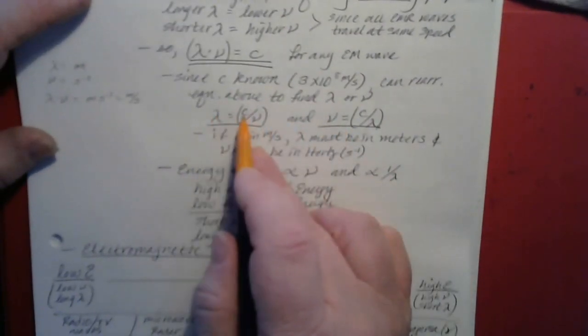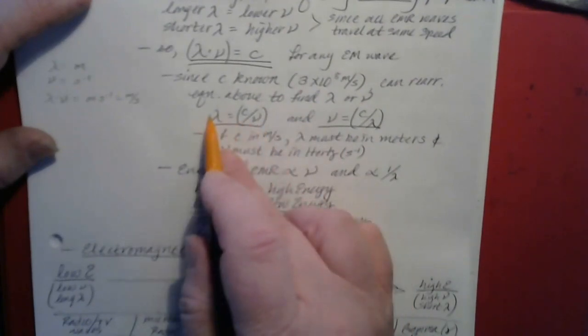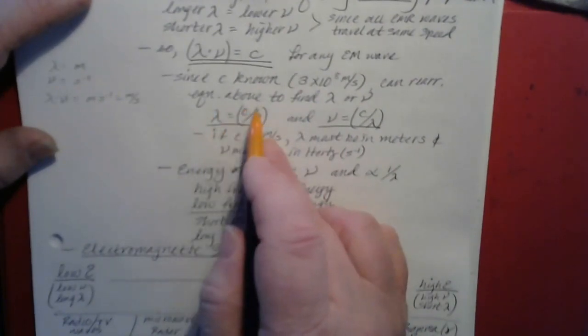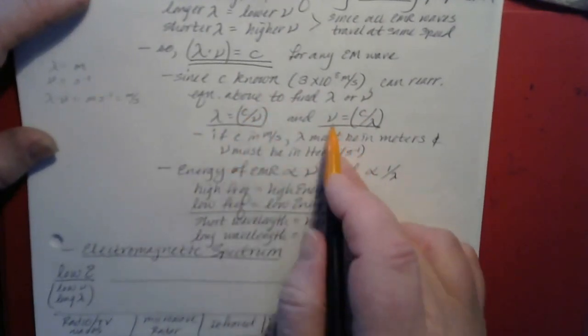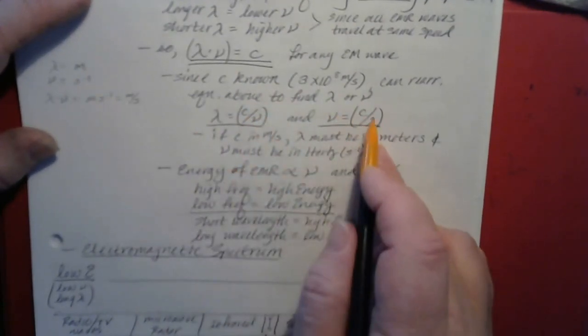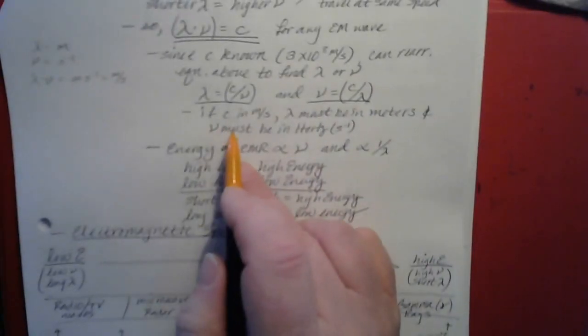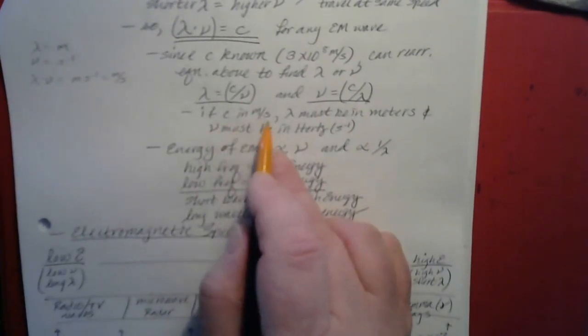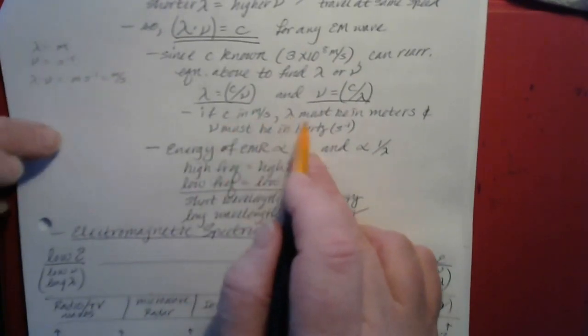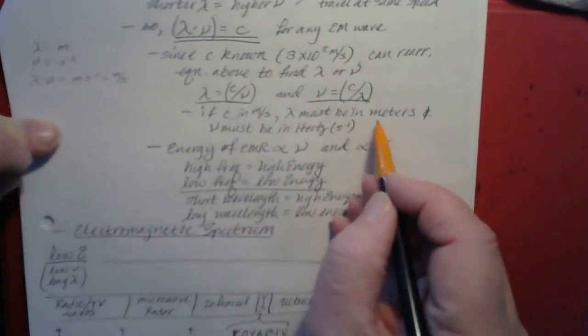So if you know frequency, you can find wavelength. Wavelength is just c, the speed of light, divided by frequency. And frequency is just the speed of light divided by wavelength. Something to keep in mind, though, is you have to keep the units consistent. So if the speed of light you're using is in meters per second, then wavelength has to be in meters.